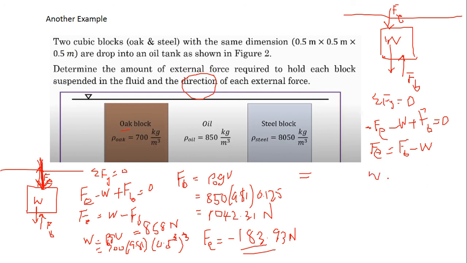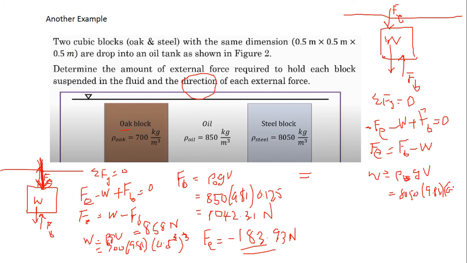Find the W. W equals rho block g V. Steel block, rho s g V, equals 8050 times 9.81 times 0.125.